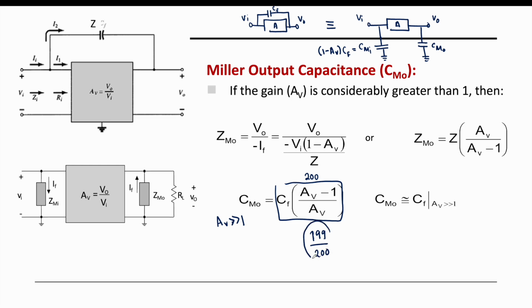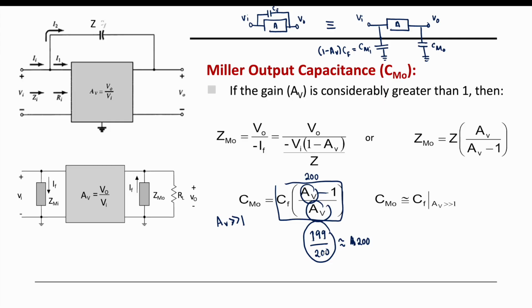And this is approximate to the value of 1, right? This is approximate because AV minus 1 doesn't give us any significant change, it is just minus 1. It makes us 199 over the almost same value of 200.